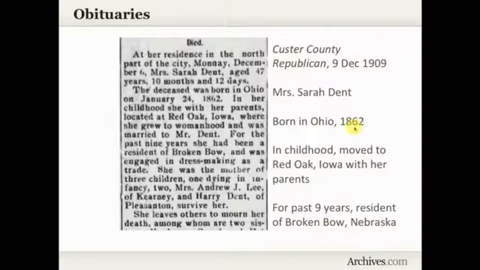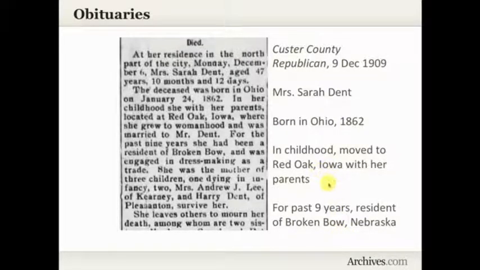But look what other details we have about her migration, about her origins. It says that in childhood, she moved to Red Oak, Iowa with her parents, and that she had only been a resident of Broken Bow, Nebraska for the past 9 years.